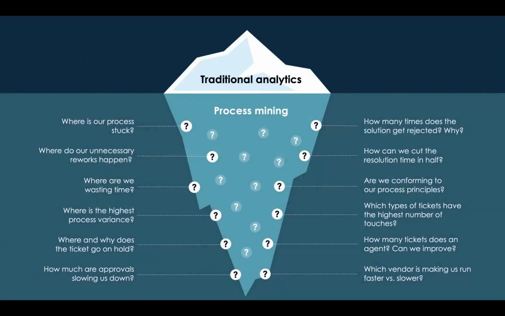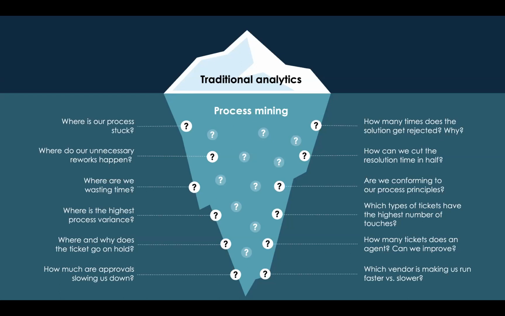So where traditional analytics will allow us to answer a lot of the what questions about our processes, process mining helps us answer a lot more of the whys. So things like, hey, where is our process stuck? Where is the unnecessary rework happening? Where are tickets or cases or incidents ping-ponging between groups, and where aren't we conforming to the processes we designed?